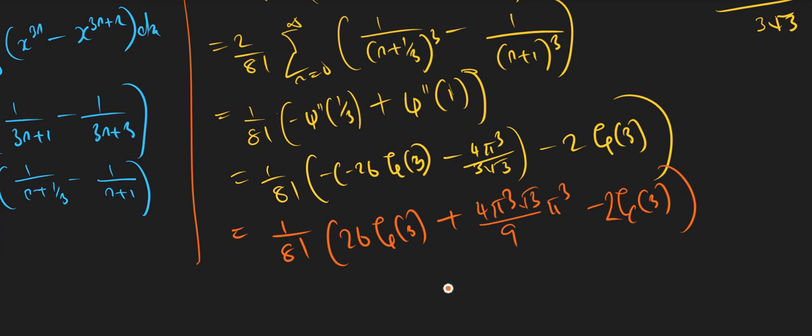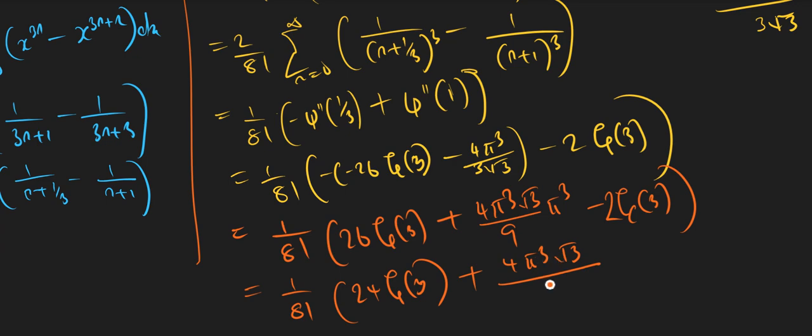So if we combine them, you have 1 over 81 times 24 zeta of 3, plus 4 pi cubed square root of 3 over 9 pi cubed.